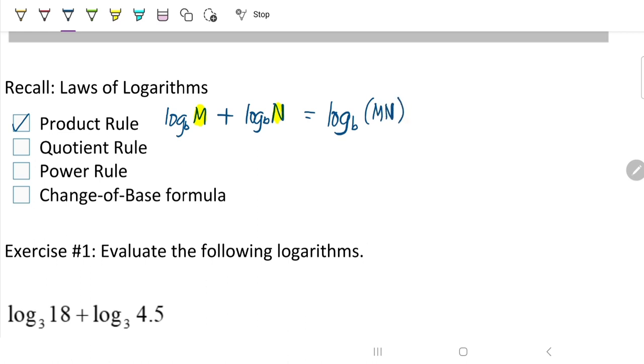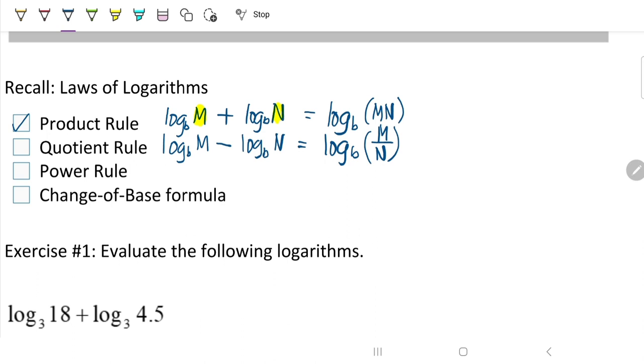On the other hand, the quotient rule: if we have again log base b of m, but this time we are going to subtract log base b of n. Then, instead of having the argument as the product, the quotient rule states that we should get the quotient of m divided by n.